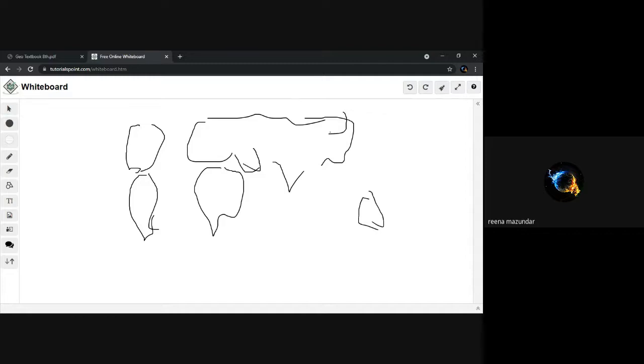Because the cold currents come from here, all the western parts of the continents have desert regions. You know, Sahara, the largest desert in the world. This is the Sahara Desert in Africa. Then in India, we have the Thar Desert in Rajasthan. Australia, the Australian desert.